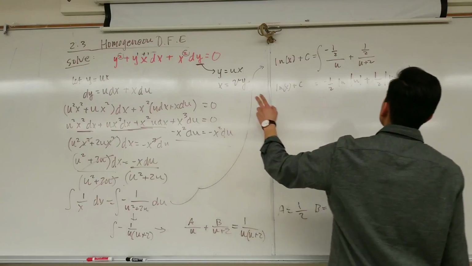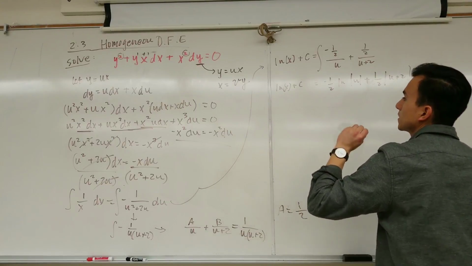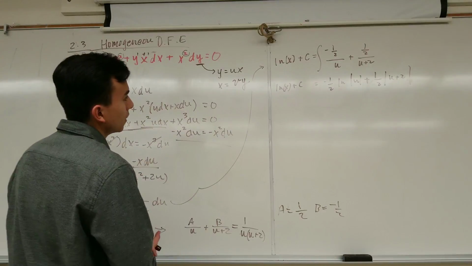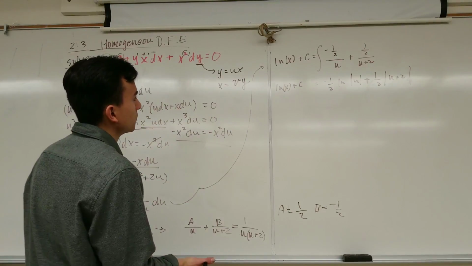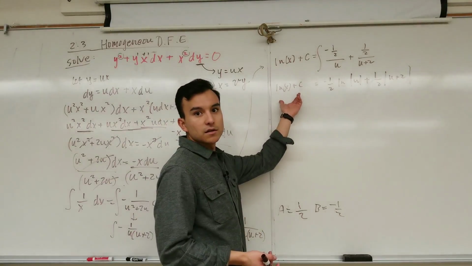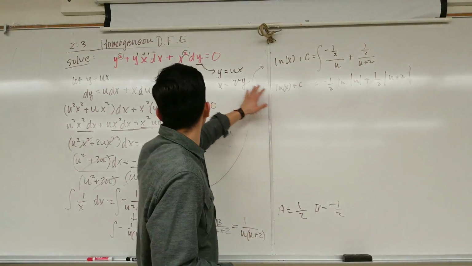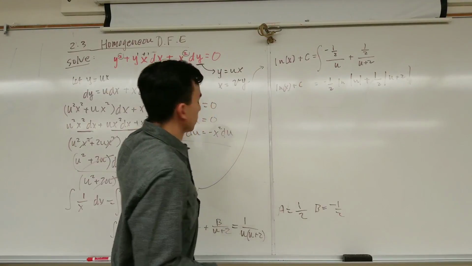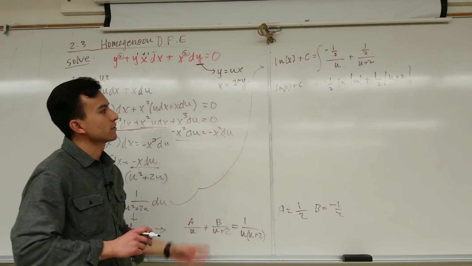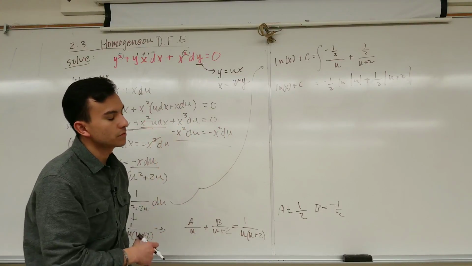So every time I see a u, I'm going to have to convert that back to y's and x's, because our equation is in terms of x and y initially, right? So we basically couldn't have it in terms of two other variables.